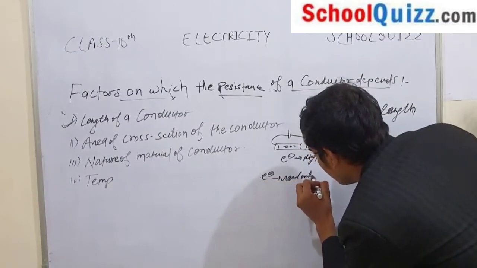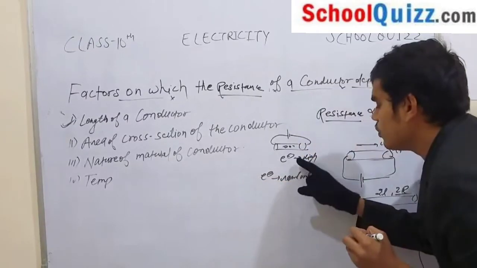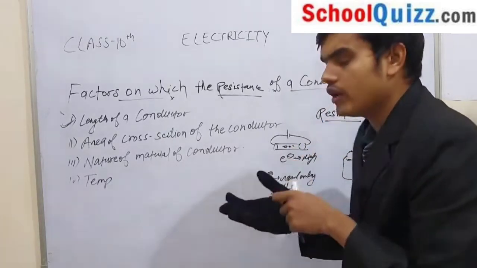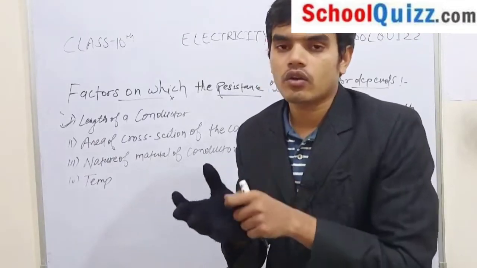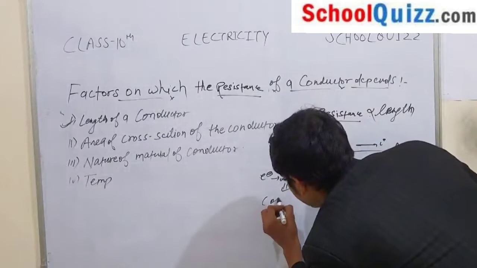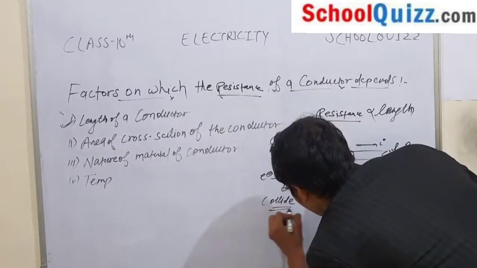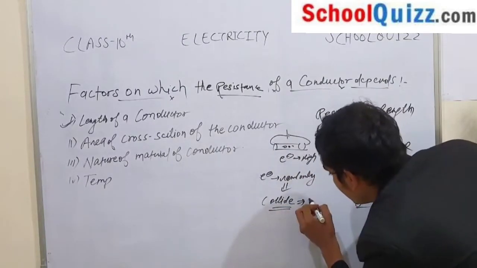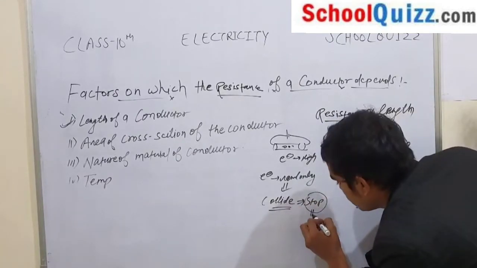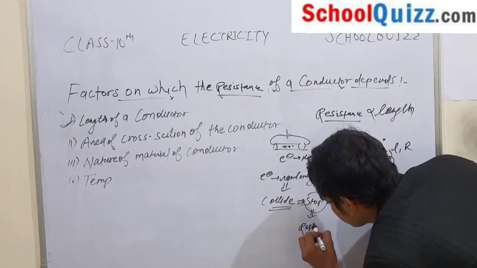There are a huge number of electrons, so they collide with another electron or with another atom. When they collide, they stop for a short time, and this stopping of electrons is your resistance.